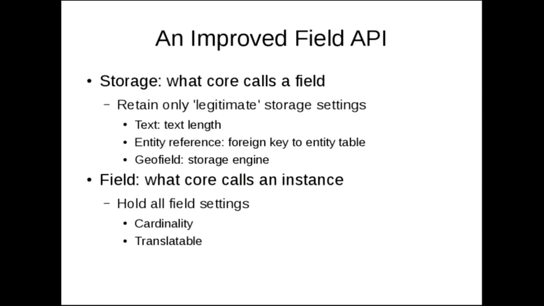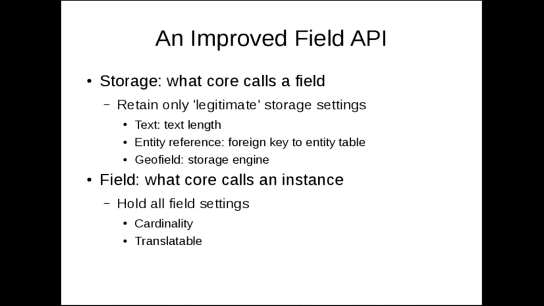And there are a couple here and there, like the text field. If you do a basic text field, you get to set the length, and probably everybody leaves it as 256 and then goes on, but technically that's a storage constraint, right? It's how long that field is, how much data it can take. Entity reference does a foreign key to the types of entities that it's going to reference.